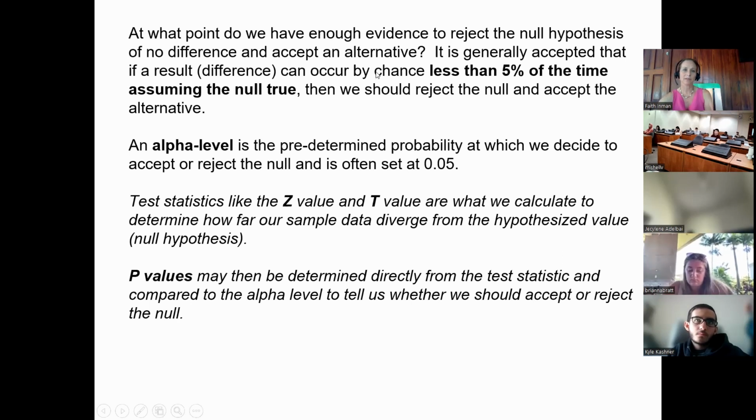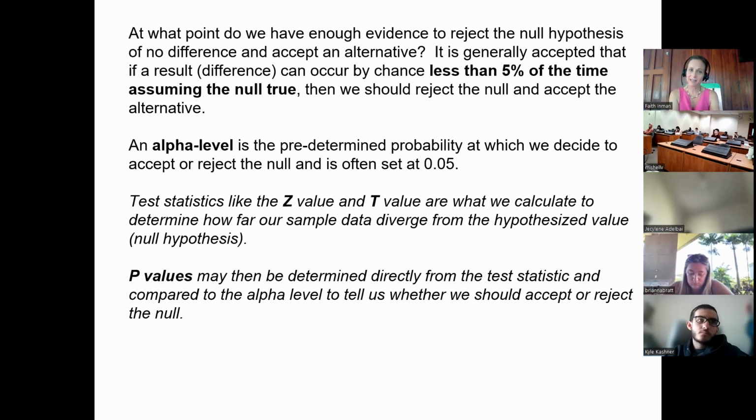So at what point do we have enough evidence to reject the null hypothesis of no difference and accept an alternative? It is generally accepted that if a result or difference can occur by chance less than 5% of the time, assuming the null is true, then we should reject the null and accept the alternative. An alpha level is the predetermined probability at which we decide to accept or reject the null, and is often set to 0.05.